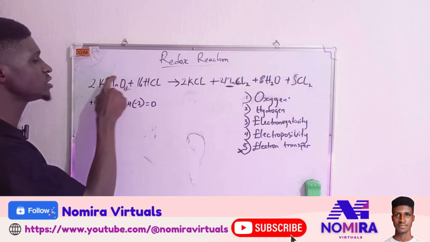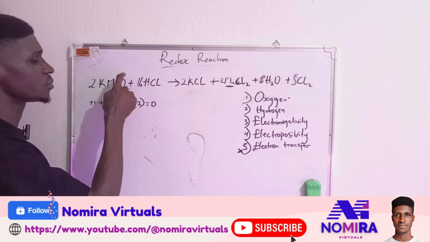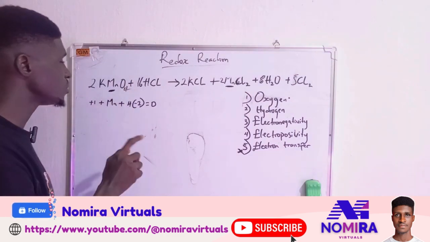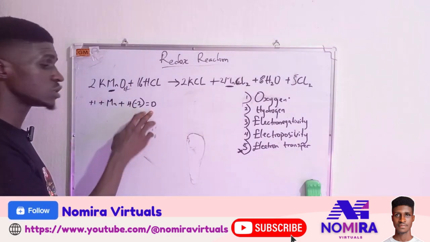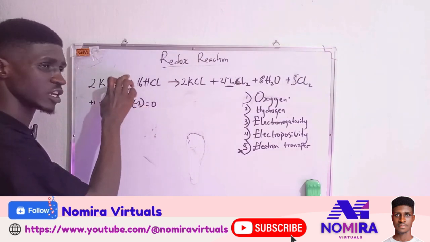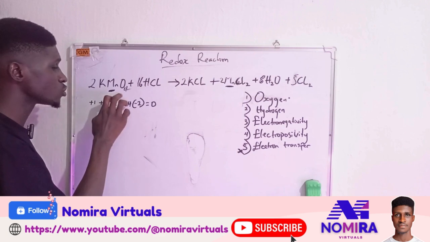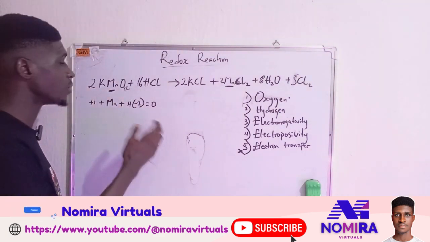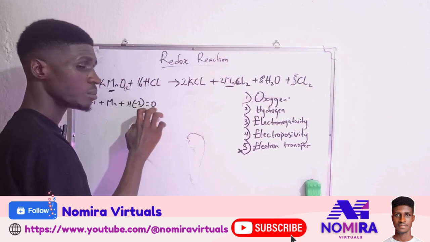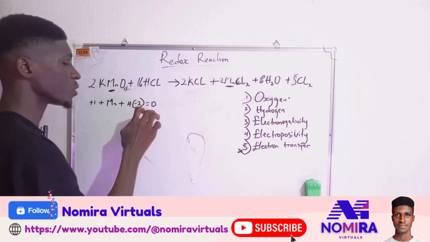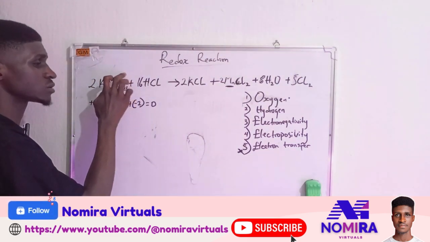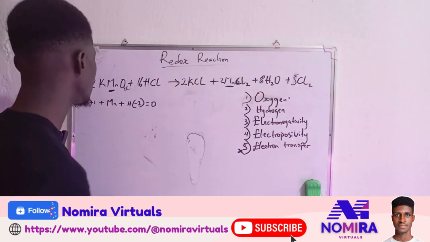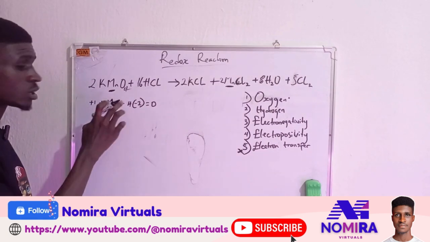If by any means you see any charge here, plus or minus, it means that it will not be equal to 0. It will be equal to whatever charge is there. So a neutral compound will come with 0. If it is an ionic compound, you will have minus whatever or plus whatever, considering the particular charge you find. So it is usually 0 because it is a neutral compound.